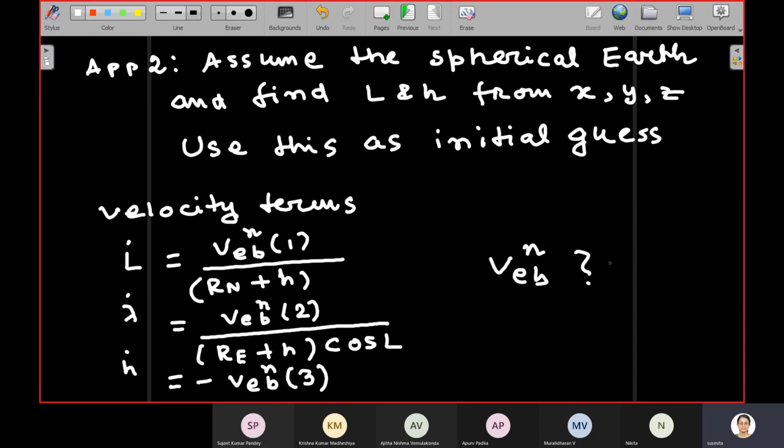Both are earth-centered frames. So yes, V represents the linear velocity of the body frame, meaning the velocity of the origin of the body frame, with respect to the ECEF frame, earth-centered earth-fixed frame, E is the notation for the ECEF frame, resolved along the axes of the NED frame, the local navigation frame.